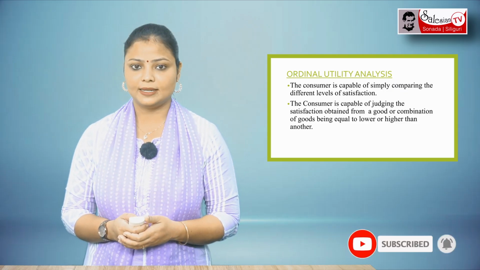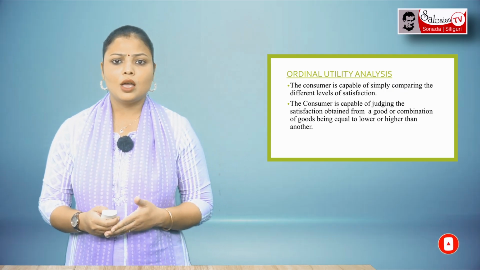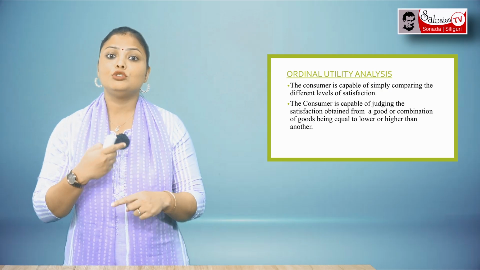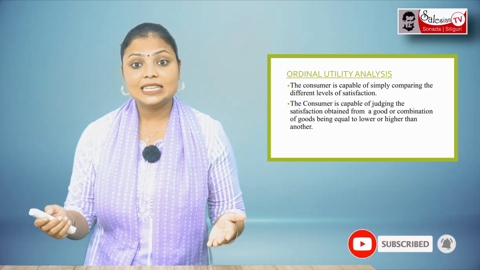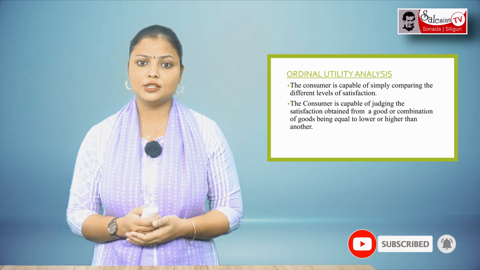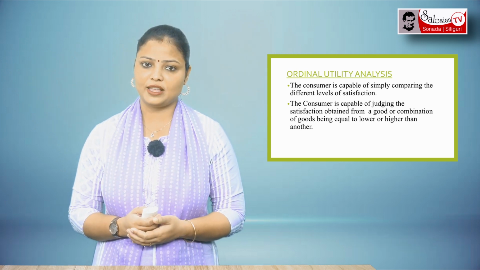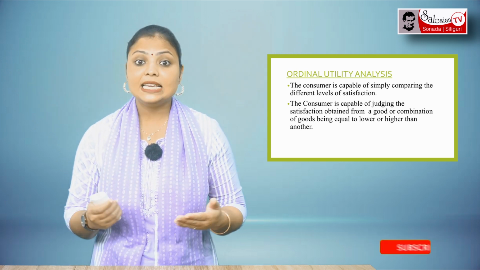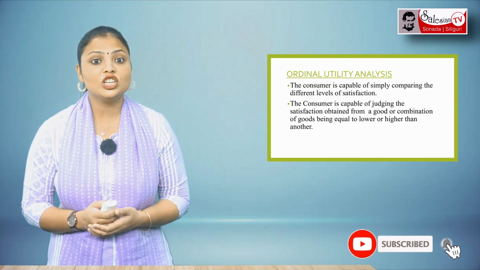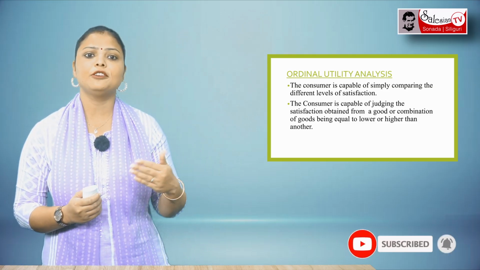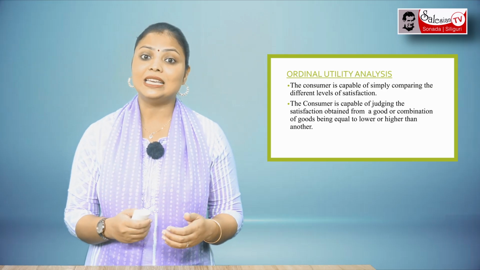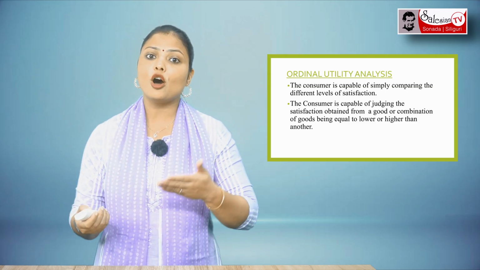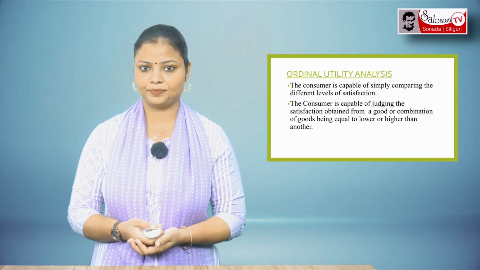In other words, the consumer may not be able to state the exact amount of utility that he derives from commodities or any combination of them, but he is capable of judging the satisfaction obtained from a good or combination of goods as being equal to, lower, or higher than another.